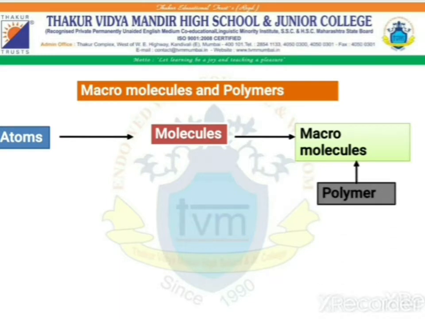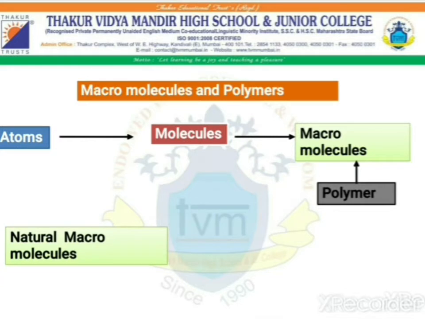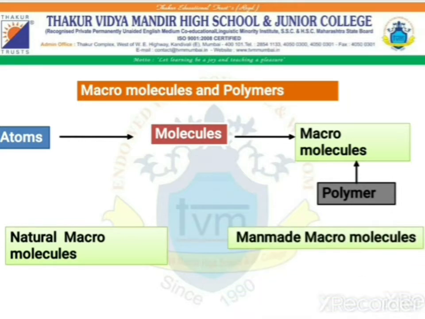Now, these polymers or macromolecules are classified in two types. The first is natural macromolecules. The natural molecules, namely those we get from polysaccharides, proteins, and nucleic acids, are the supporting pillars of the living world. The second is man-made macromolecules.